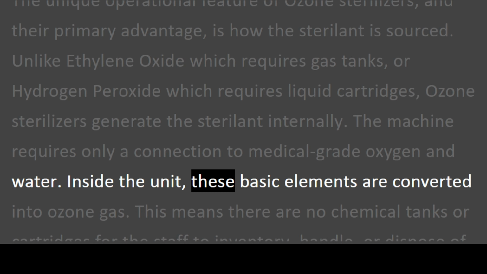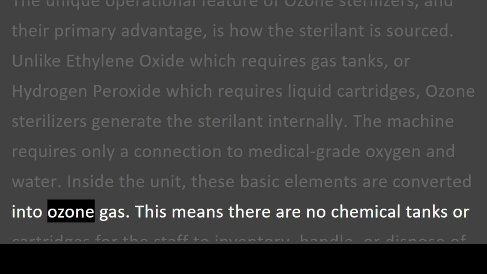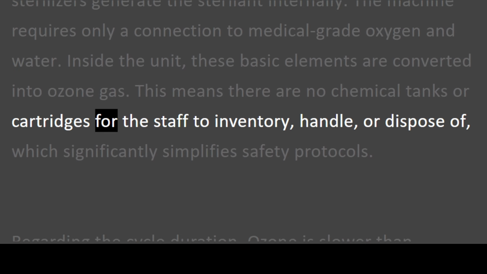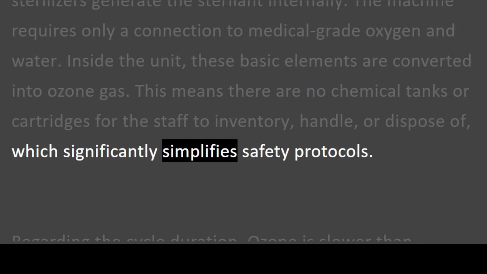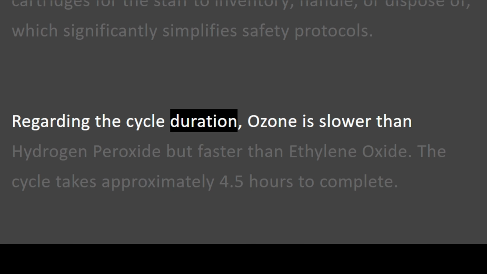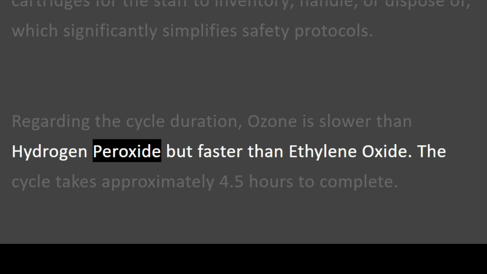Inside the unit, these basic elements are converted into ozone gas. This means there are no chemical tanks or cartridges for the staff to inventory, handle, or dispose of, which significantly simplifies safety protocols.